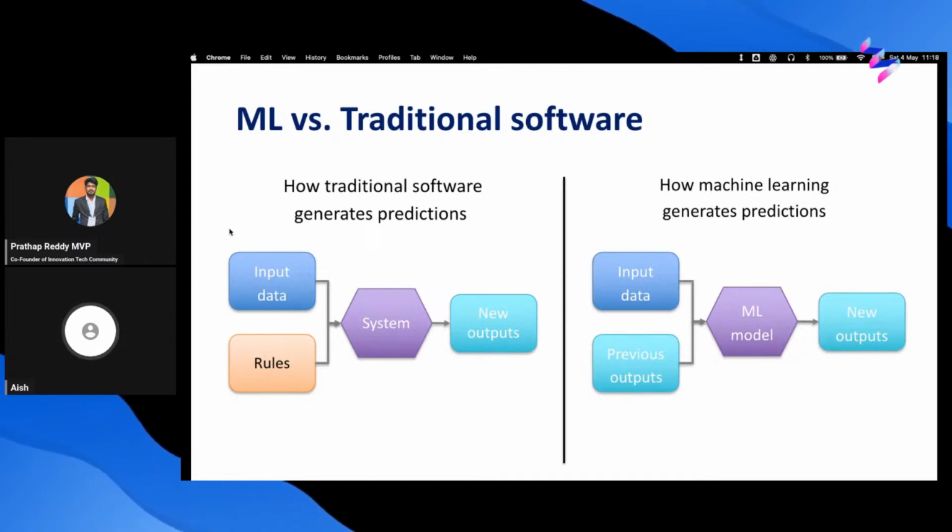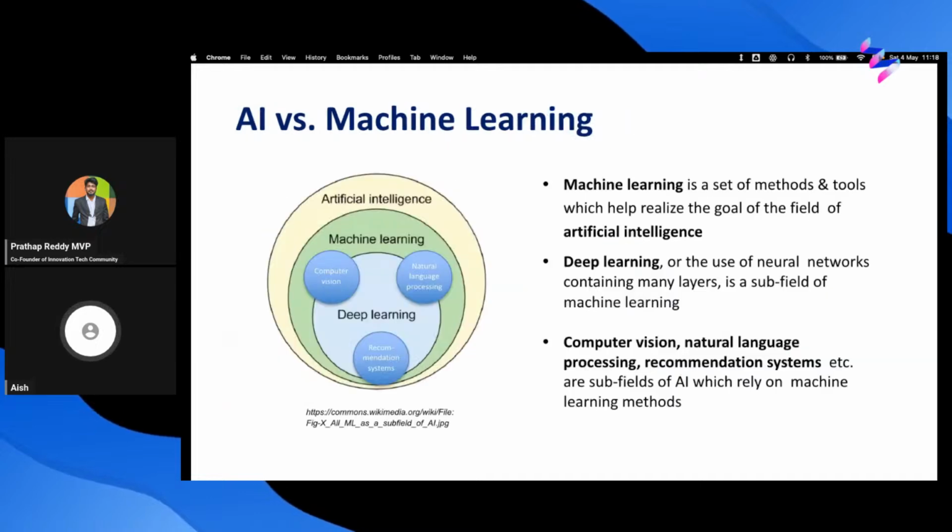So a calculator is an example of a traditional algorithm or a traditional piece of software, whereas software to recognize OCR characters, or software to predict what the temperature will be in Bangalore tomorrow, those kinds of things are more on the machine learning side. We are going to learn a bit more about them with more clarity.